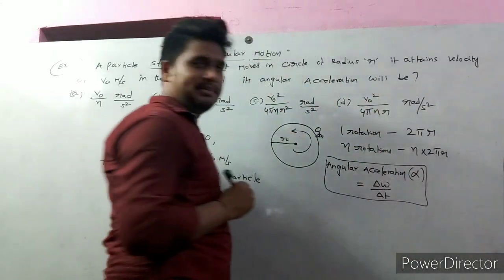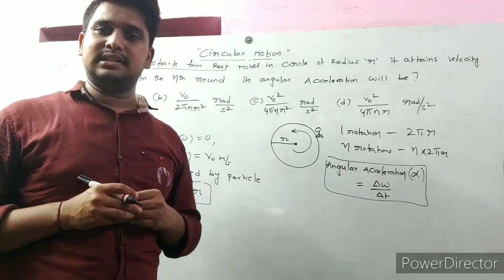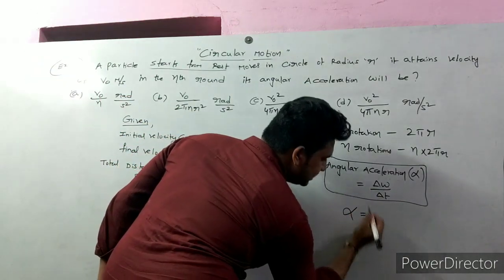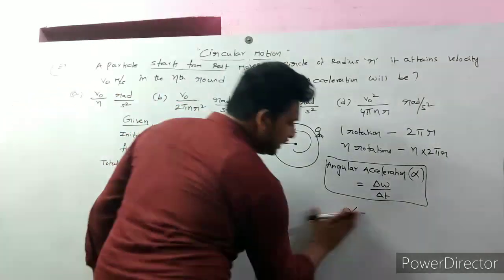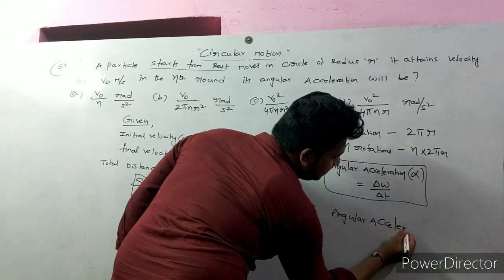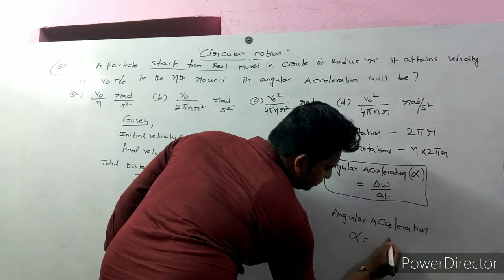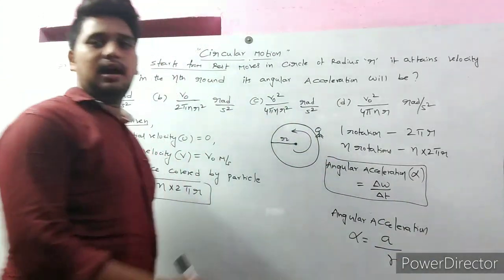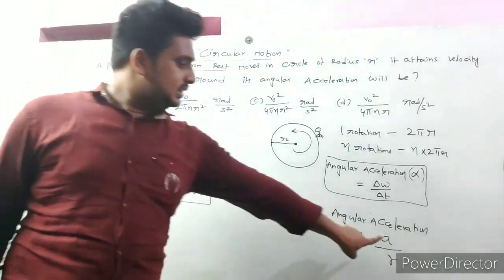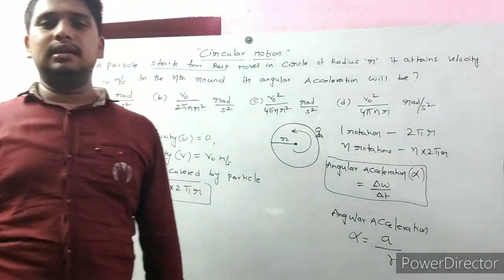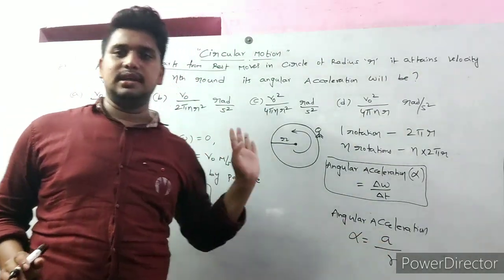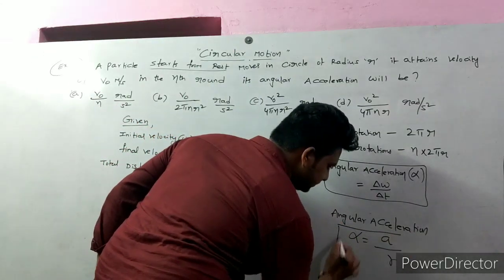Another formula is alpha is equal to a by r, because linear acceleration is equal to angular acceleration into r. So these are the two formulas.